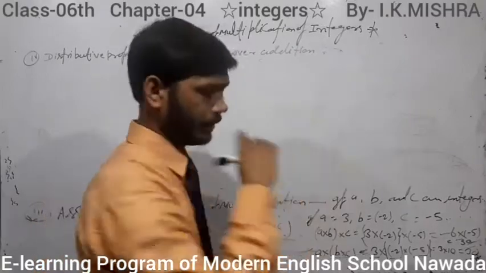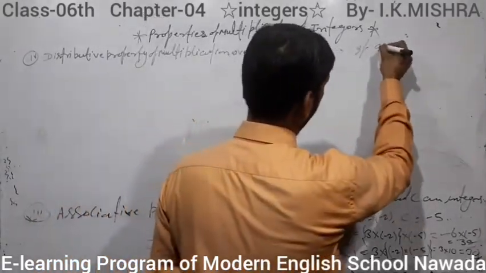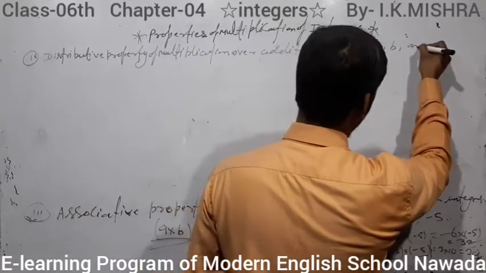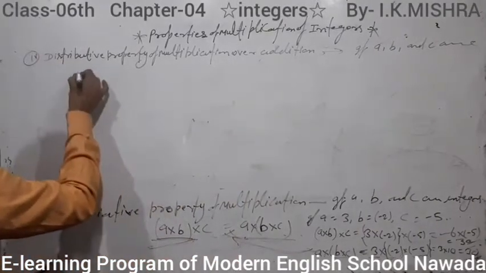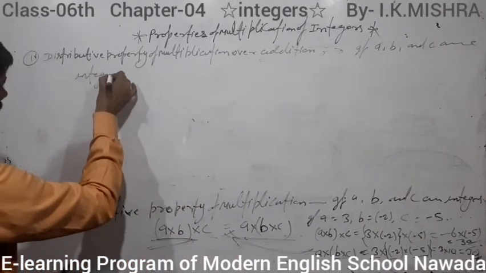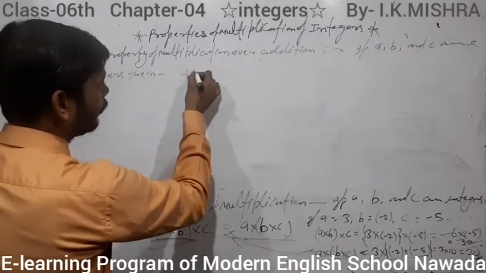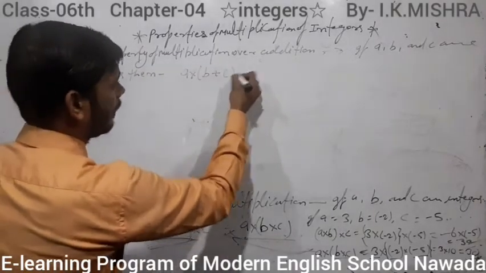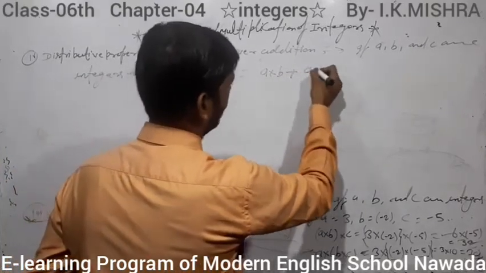Only for addition. Students, here if a, b and c are integers, then a into (b plus c) is equal to a into b plus a into c.